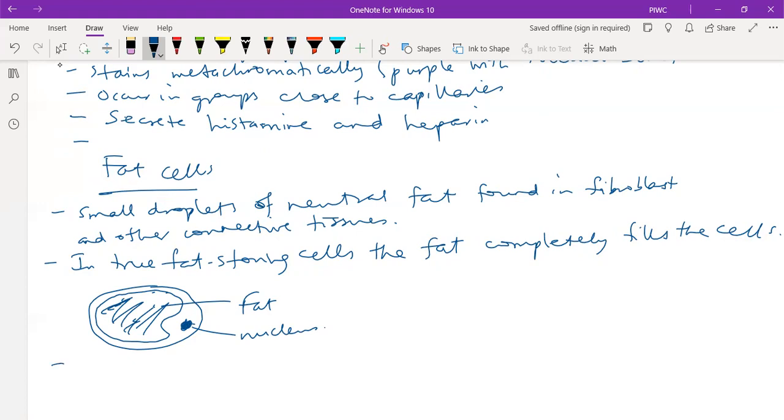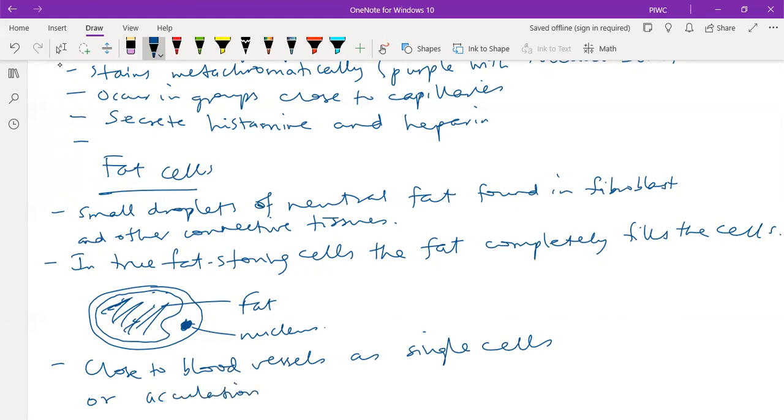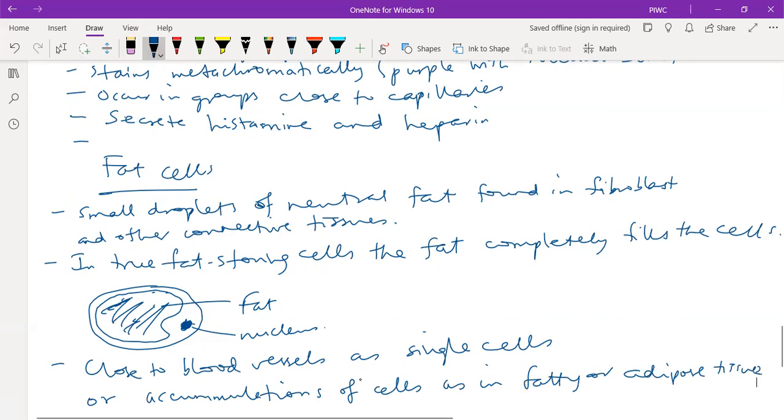So you can have them close to blood vessels as single cells, or you can have accumulations of cells as in fatty or adipose tissues. So in adipose tissue, it's an accumulation of so many fat cells.